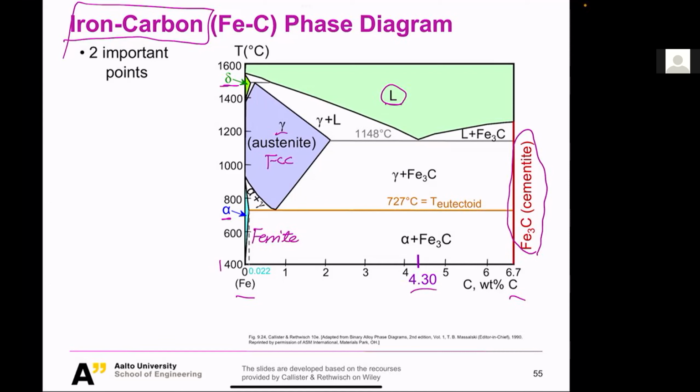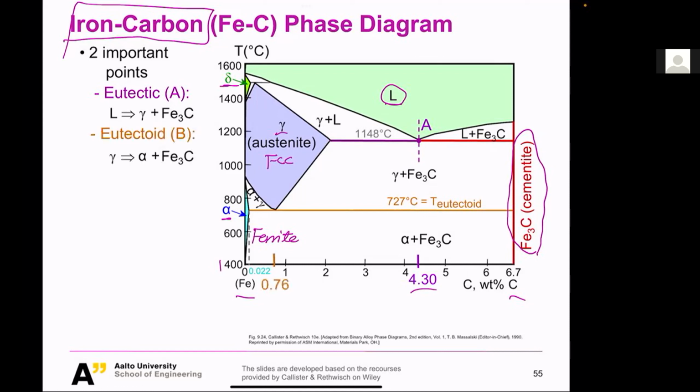Let's look at the 2 important points first. Maybe you already recognize, the first one is this point A. It is a eutectic point, because your liquid is directly becoming 2 solids at that point: your gamma phase plus your so-called cementite. And the second point is this point B. That is a so-called eutectoid point.